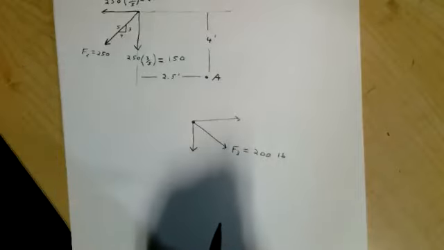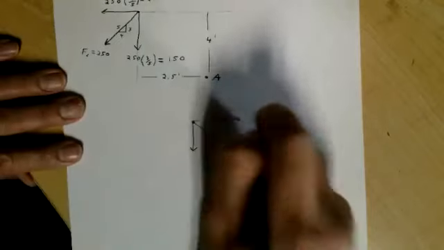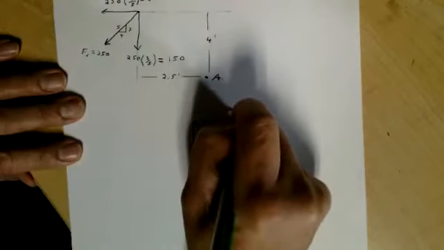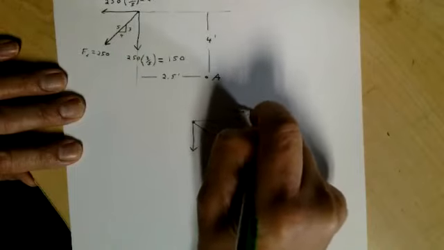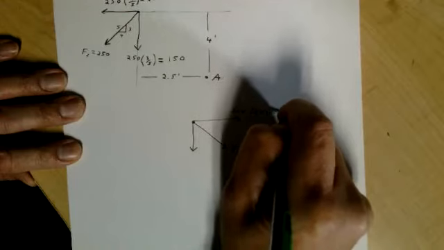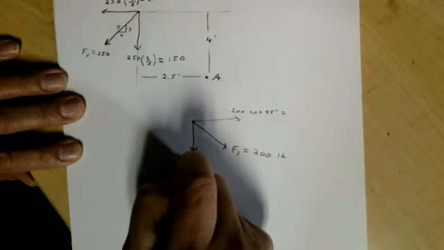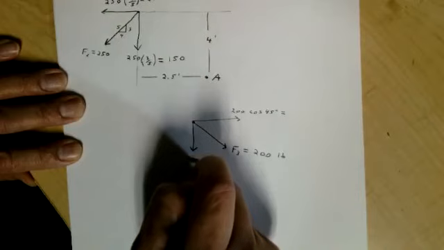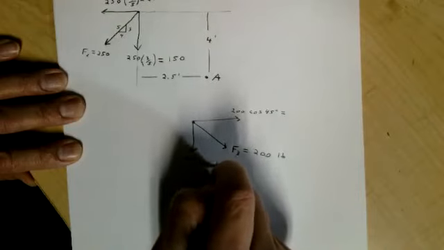And notice in our picture, the 45 degrees is right here. So that's going to make this 200 cos 45 degrees. This is going to be 200 sine 45 degrees.